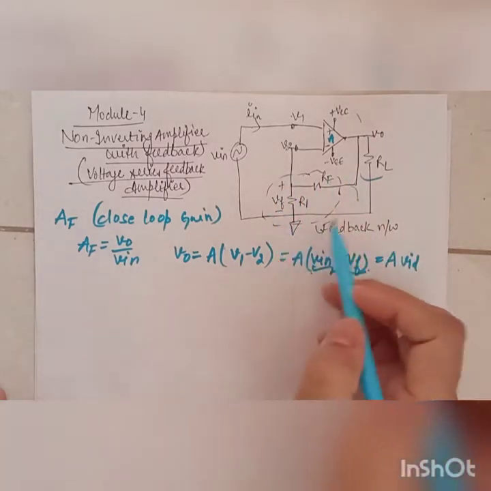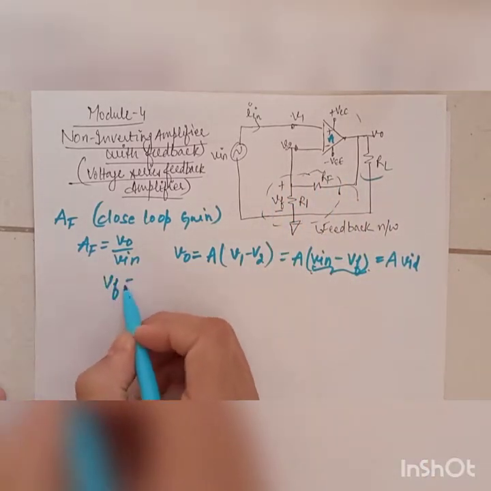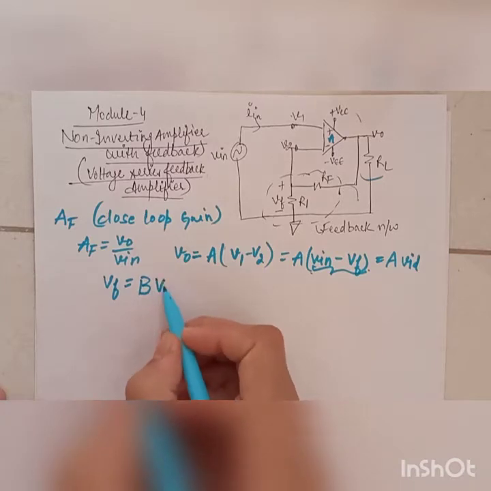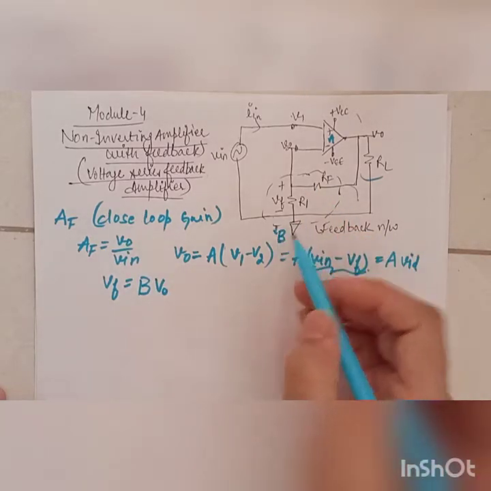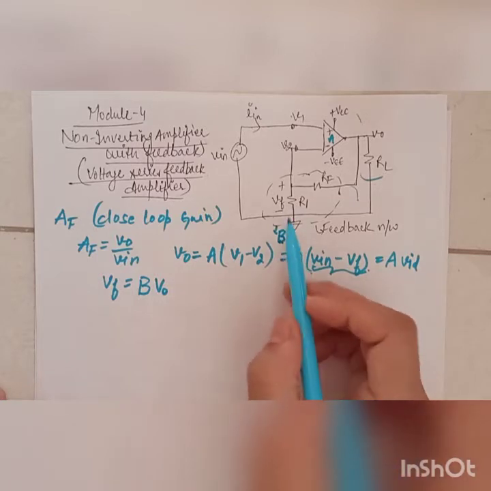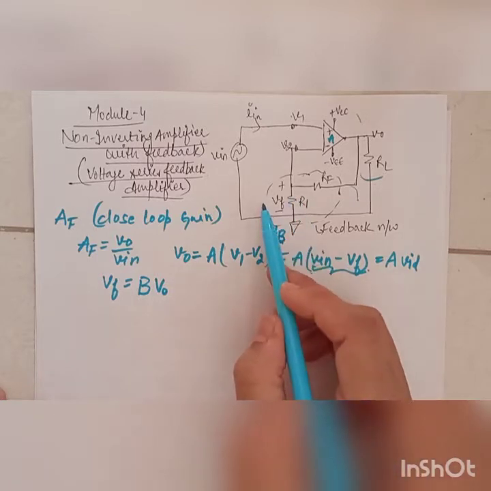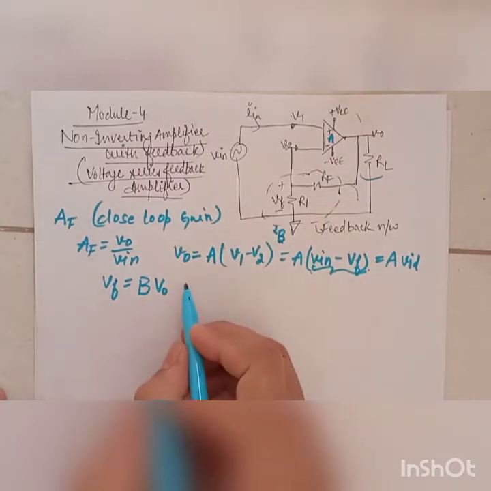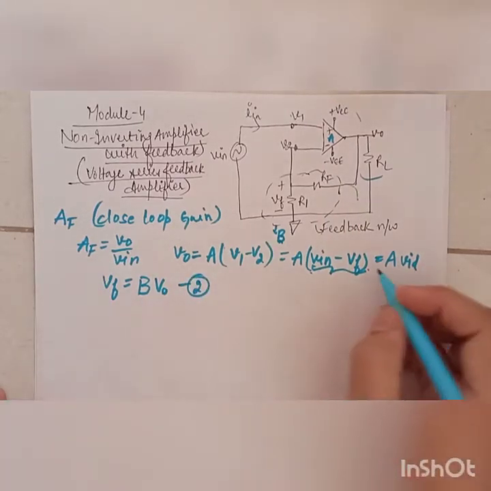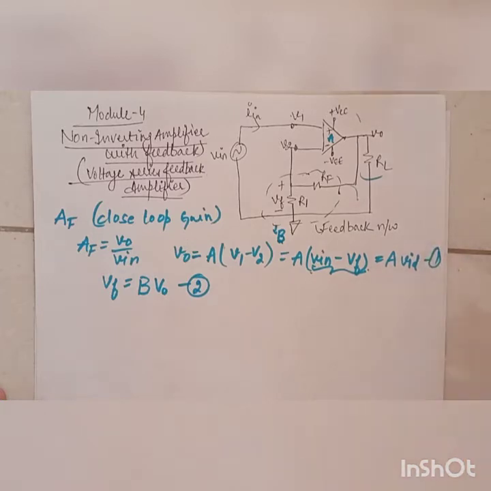Now if you see this feedback network, I can write VF is equal to B times V0, where B is the feedback network factor, so B will be equal to VF divided by V0. So VF will be B times V0. This is my equation 2, and let's name the earlier one equation 1.